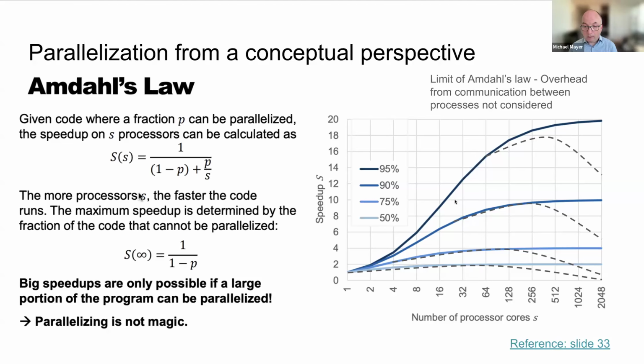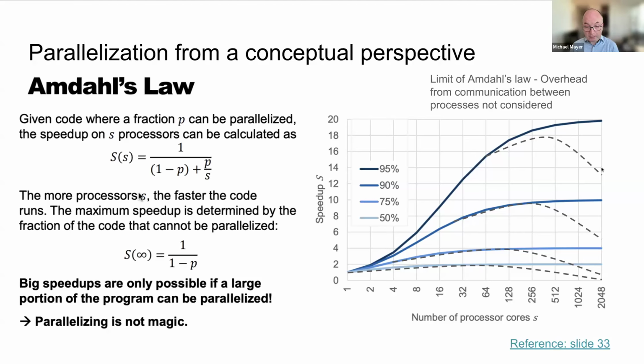That means the speed up will increase close to the ideal speed up, but at some point it will decrease again. That's when more time is spent in communication than in actual computation. This also ties back to the network latency that we spoke about earlier. So it takes longer to transfer 1 byte from one processor to the other than it takes to compute stuff.